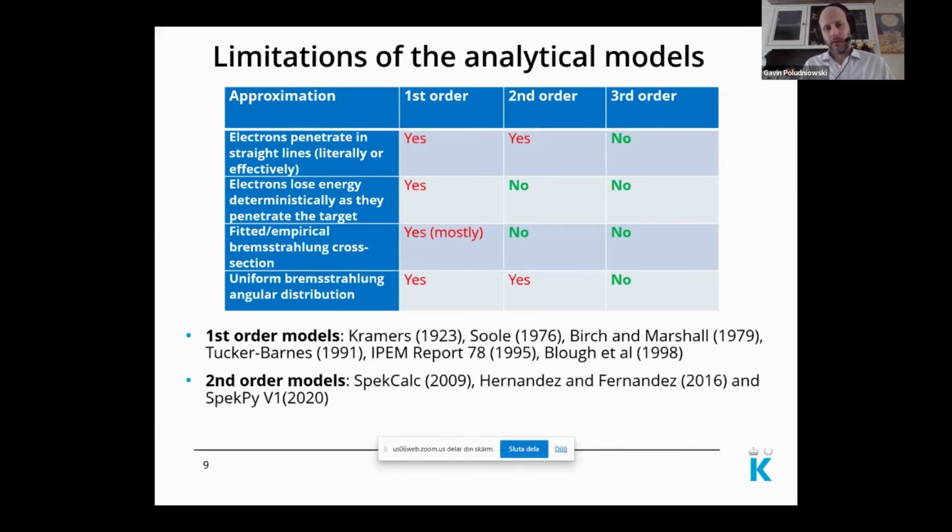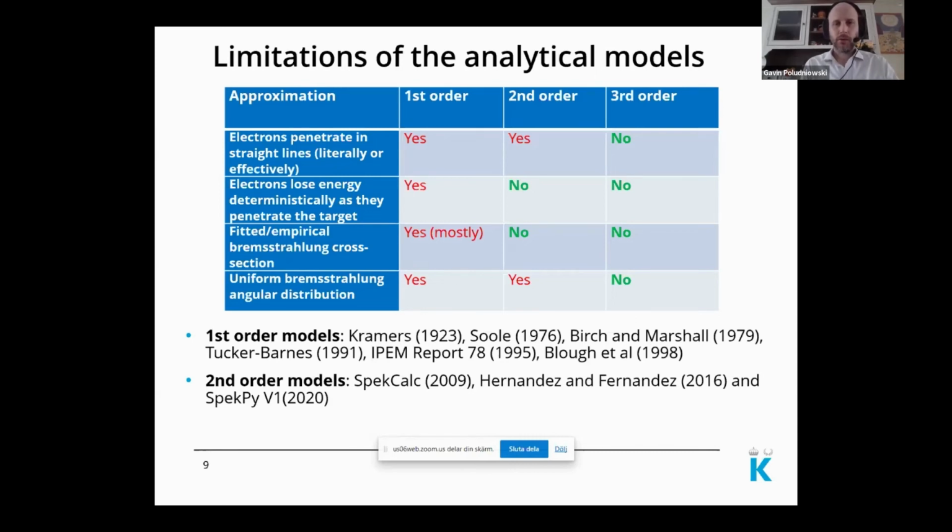My first adventure in spectrum modeling was with the model that is behind an application that is about 15 years old, SpecCalc, and this is what I would class as a second order model that used pre-computed electron distributions in the target from Monte Carlo, so it didn't make this second assumption, and I used a theoretical result for Bremsstrahlung cross section.